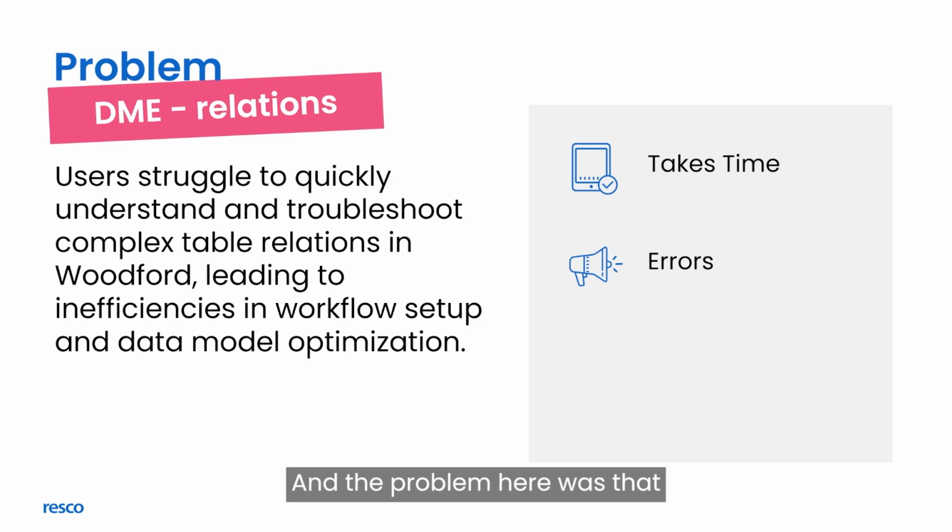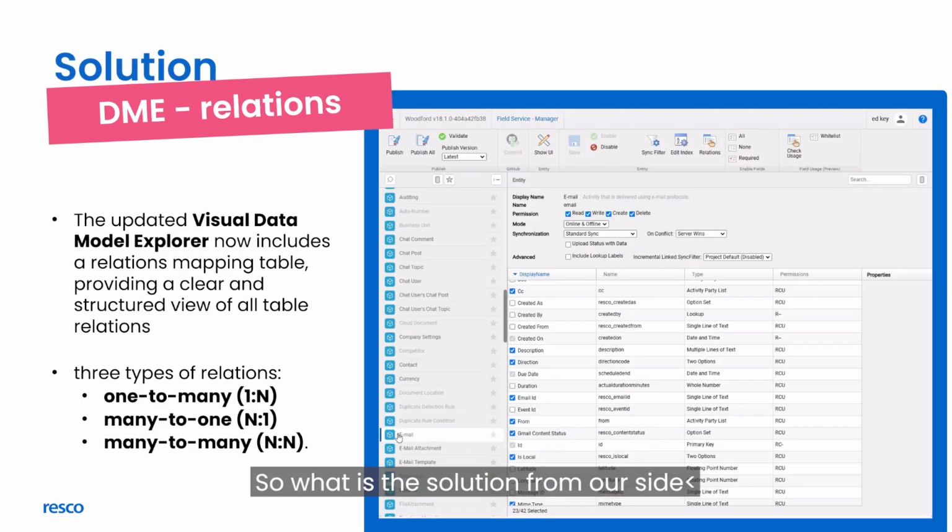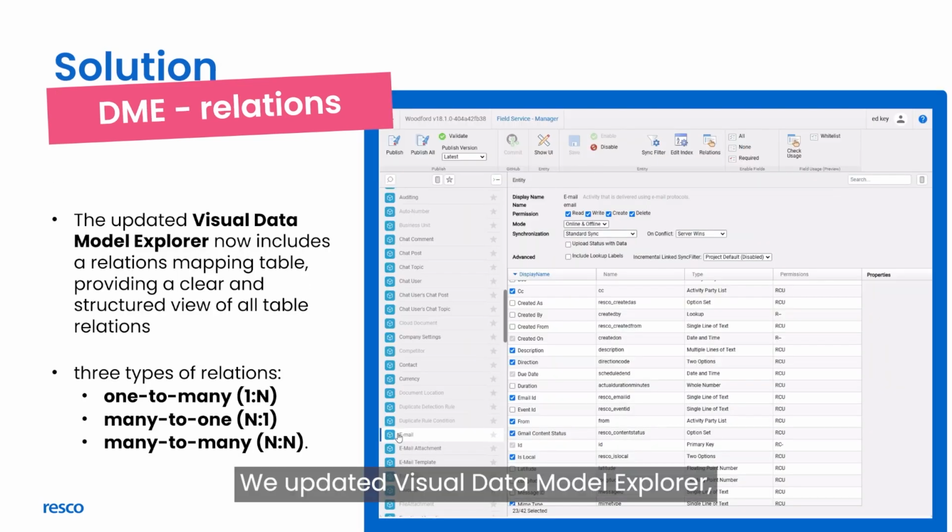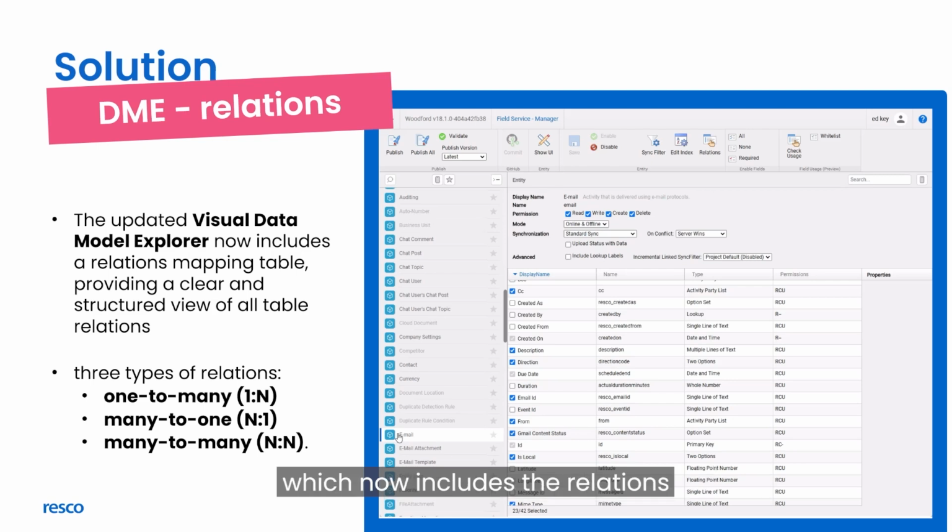The problem was that users were struggling to quickly understand and troubleshoot complex table relations in Woodford, leading to inefficiencies in workflow setups and data model optimization. So what is the solution from our side? We updated the Visual Data Model Explorer, which now includes the relations mapping table, providing a clear and structured view of all table relations.